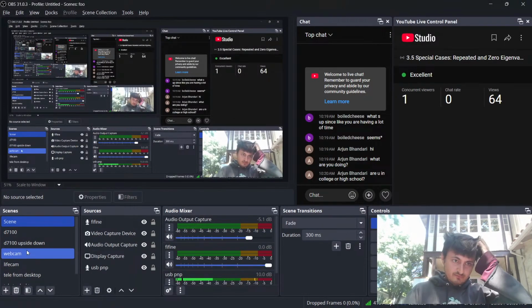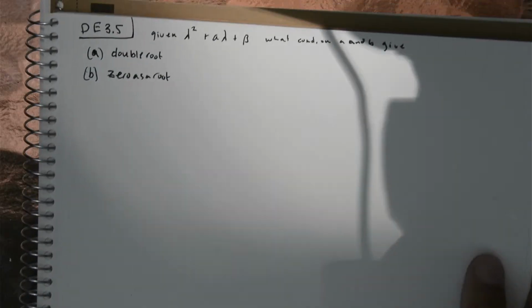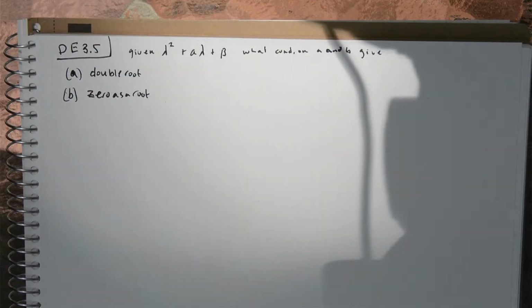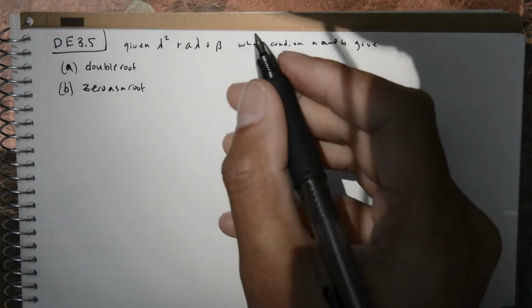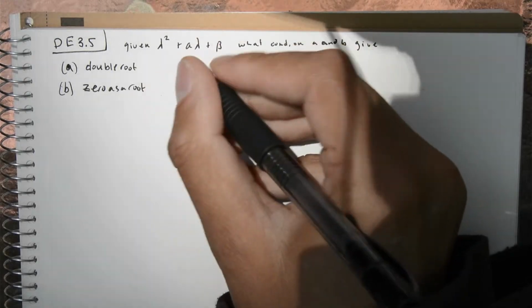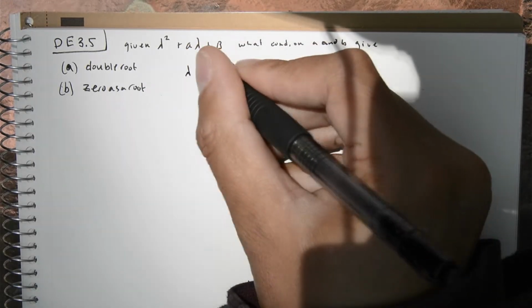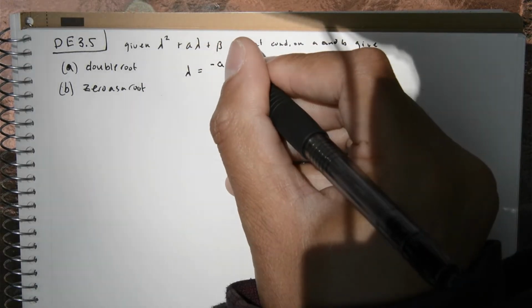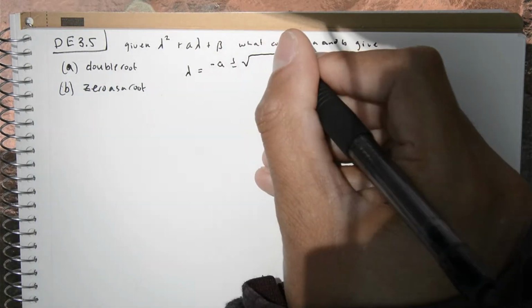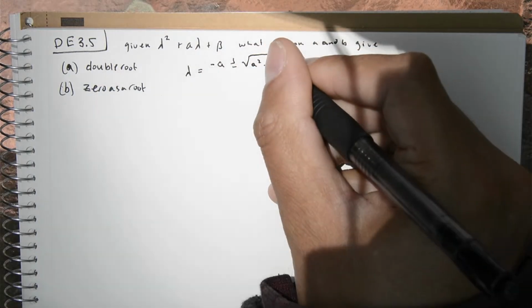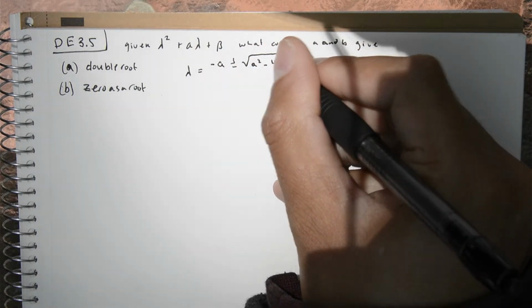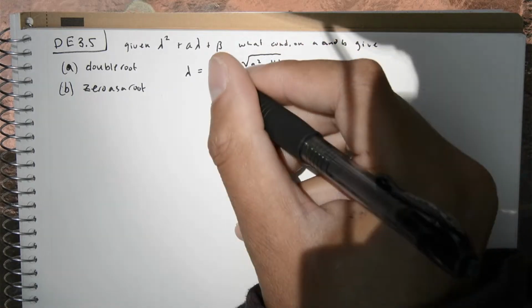So let's hop over to this. Okay. So let's just do it. Lambda is going to be equal to minus a plus or minus the square root of a squared minus 4b over 2.